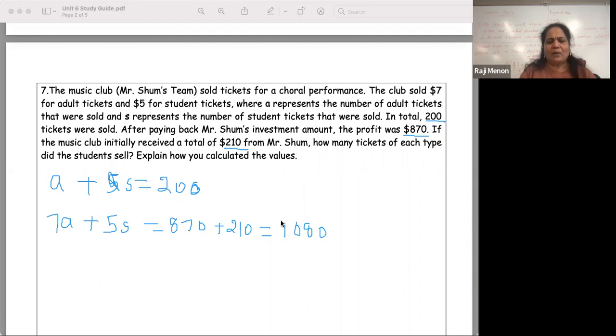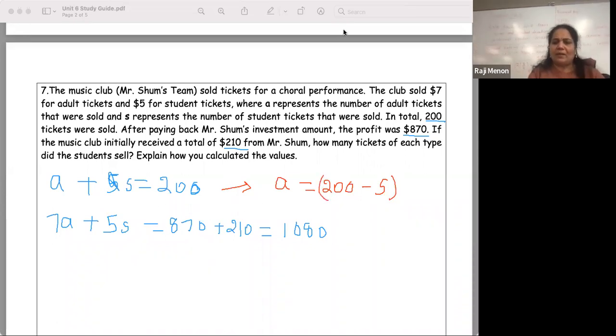I am going to do the substitution method. For substitution method, we need to isolate a variable. That is the story of it. We need to make one variable alone. Then wherever you see that variable, you will substitute with that.